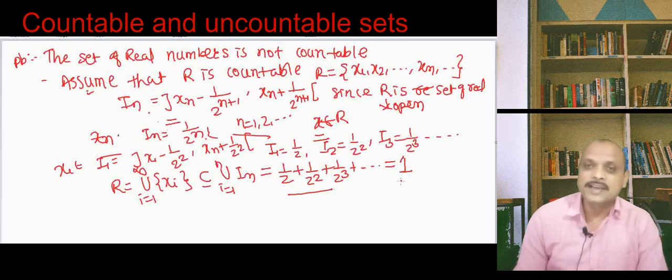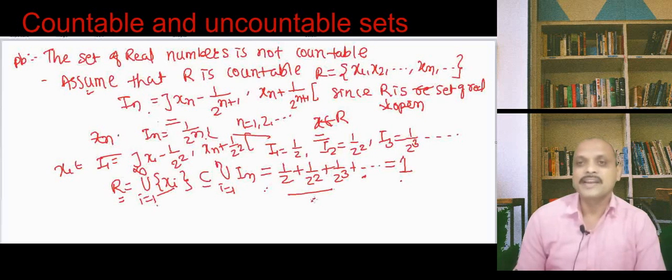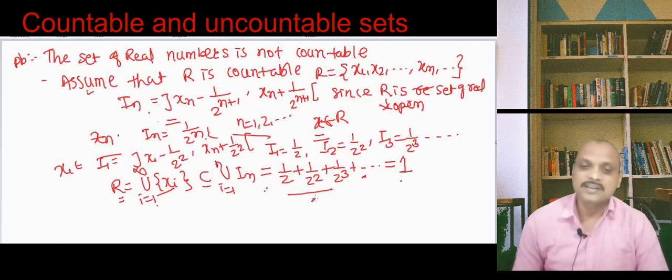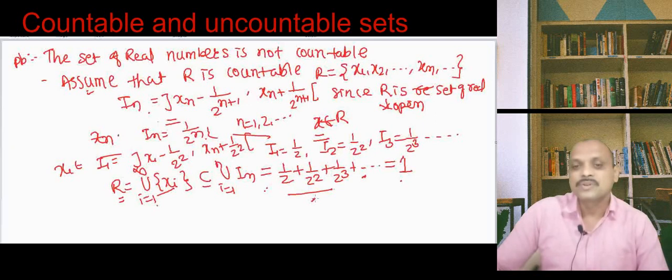So we are saying that R, the set of the real line, is contained in an interval whose length is 1, and this is absurd. The whole real line cannot be contained in an interval whose length is 1, so this is not possible. Therefore R is not countable. This is a contradiction due to the assumption that R is a countable set.